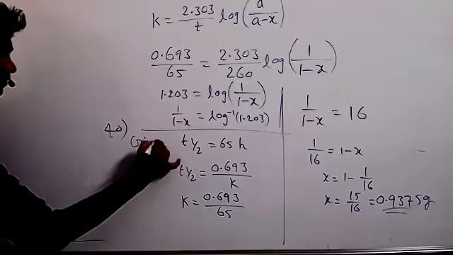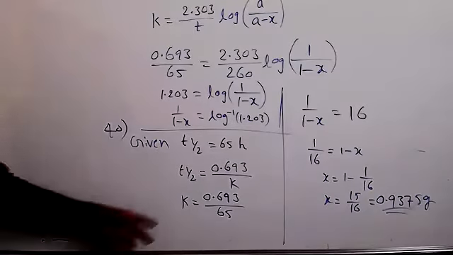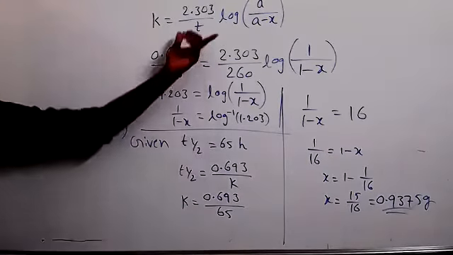So first write this. Given t half 65 hours. From this we are calculating k value. K value we are substituting in this formula.